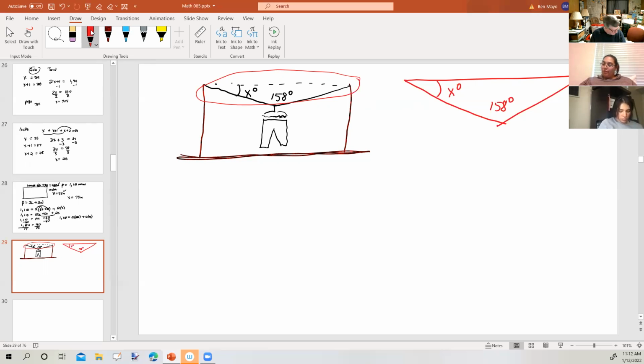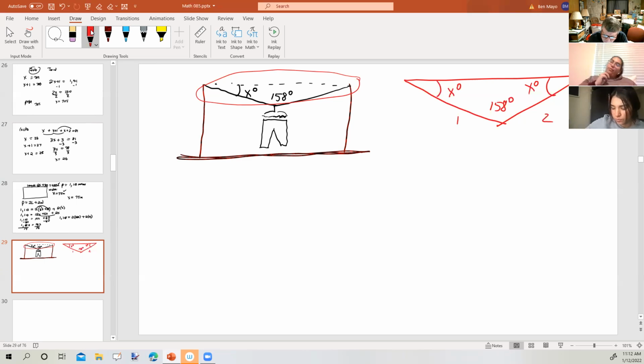Now, it said that the pair of pants is hanging in the middle of the clothesline. So what we have here is what's known as an isosceles triangle. That means that two of the sides are equal length. We'll call this side 1 and side 2. Those are the same length, which means that these two angles are the same. The angle we're supposed to find, X on the left, would be the same as the angle on the right.